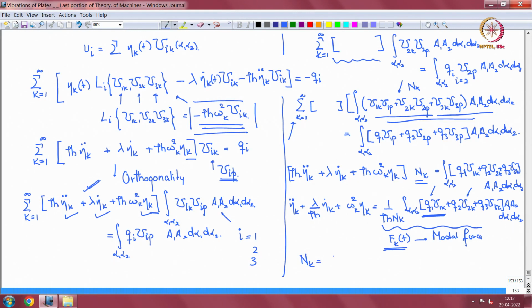Nk is integral alpha 1 alpha 2 u1k squared plus u2k squared plus u3k squared a1 a2 d alpha 1 d alpha 2.